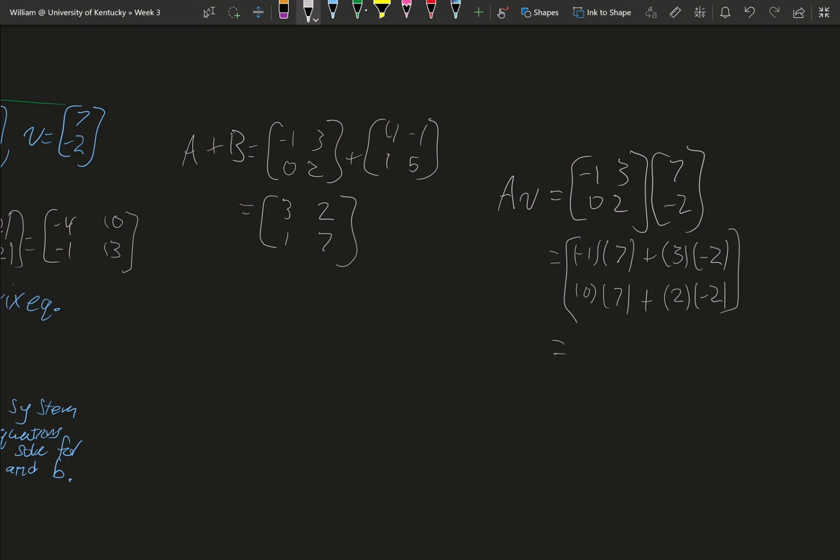So we have negative 7 minus 6, so negative 13. And here we have 0 plus negative 4, so negative 4. So A times V is [-13, -4].